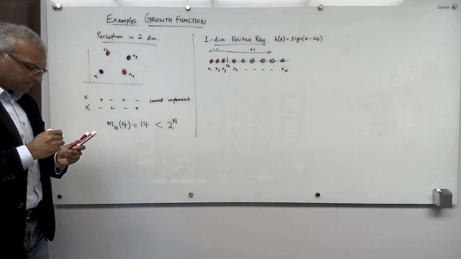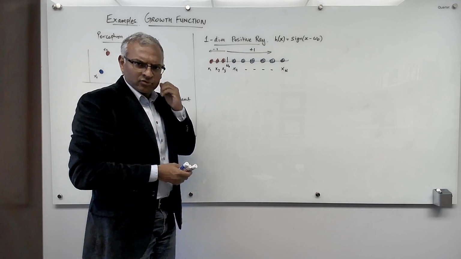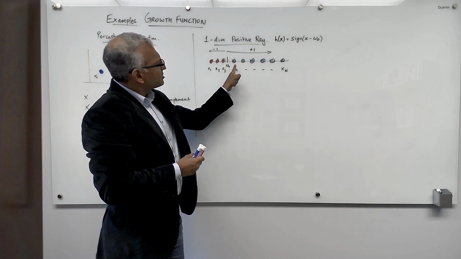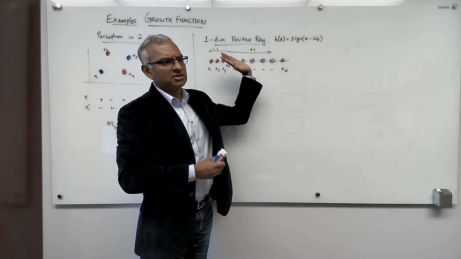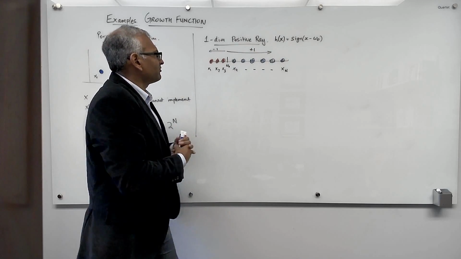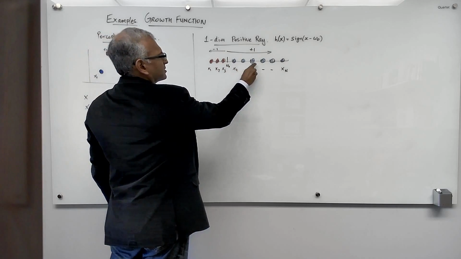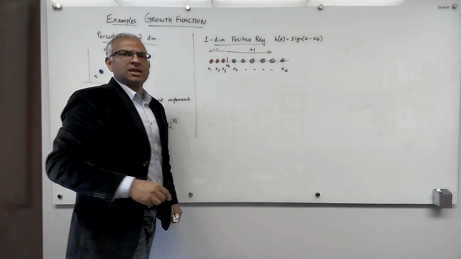With a little bit of thought, you should be able to convince yourself that all I can do is change the position of the threshold, and that will change how many of the points get plus by defining how many are on the right of the threshold. Effectively, there are only 1, 2, 3, 4, 5, 6, 7, 8, 9, 10, and so on, different regions in which I can place the threshold.